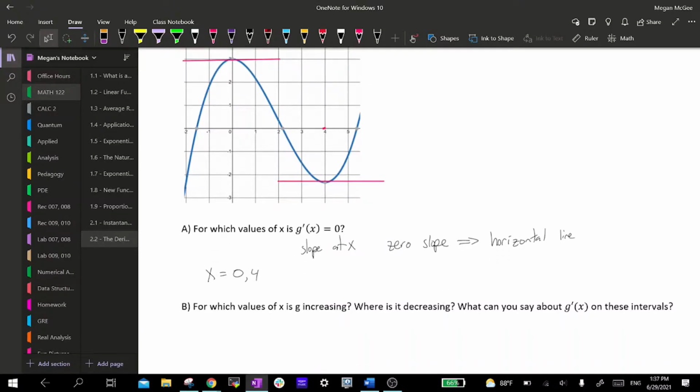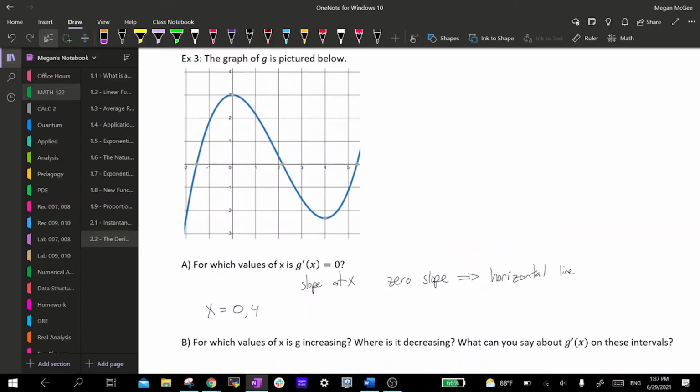Part B asks us for which values of x is g increasing. All right, then there's a few other parts, but let's focus on increasing. So we already know that when we're increasing, our slopes are positive, right? We learned this in the first chapter. So on this section we are increasing, and on this section we are increasing.